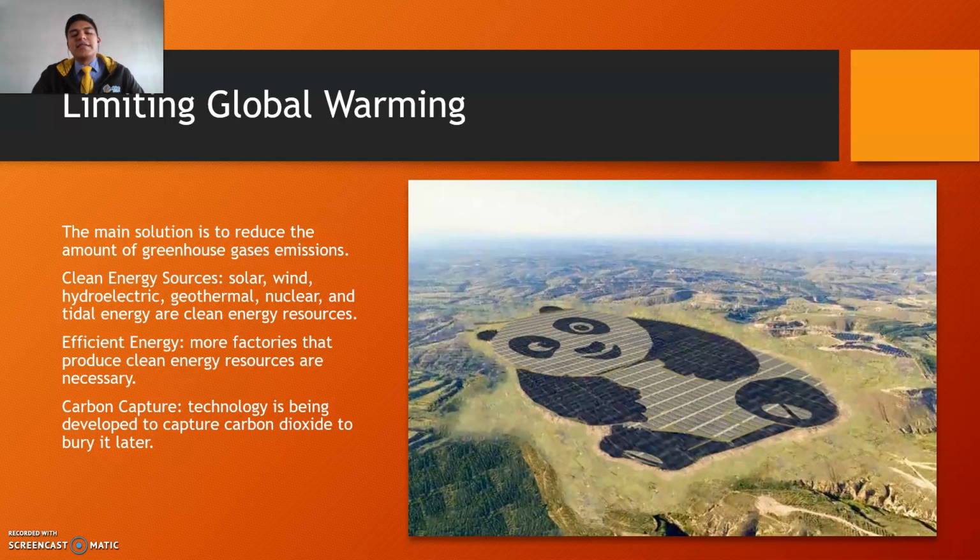So here we have one last thing, which is limiting global warming. What can we do in order to contribute to actually limit global warming from affecting us that much? The main solution is to reduce the amount of greenhouse gas emissions, of course, carbon dioxide mainly. And how can we reduce that? We can reduce it by using clean energy resources, such as solar, wind, hydroelectric, geothermal, nuclear, and tidal energy.